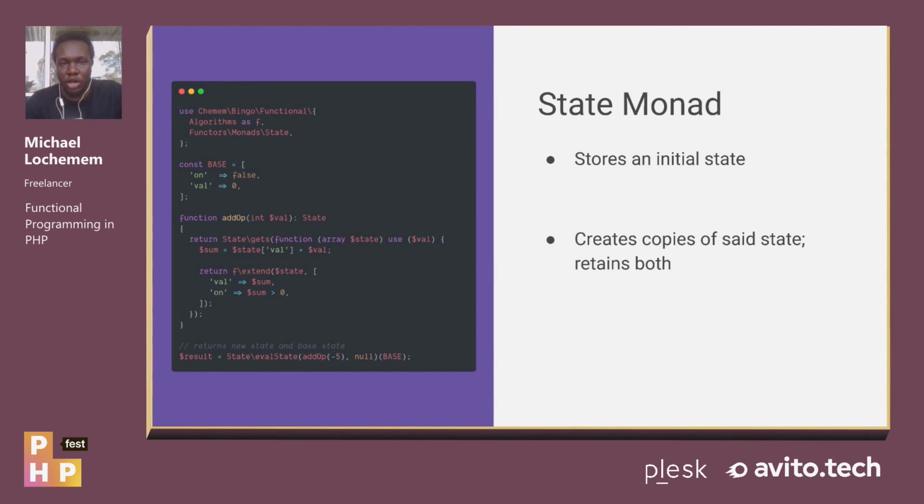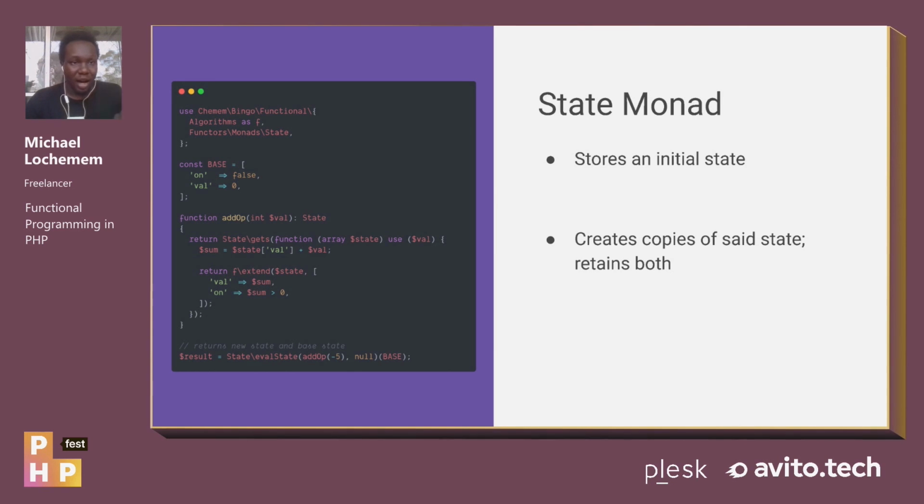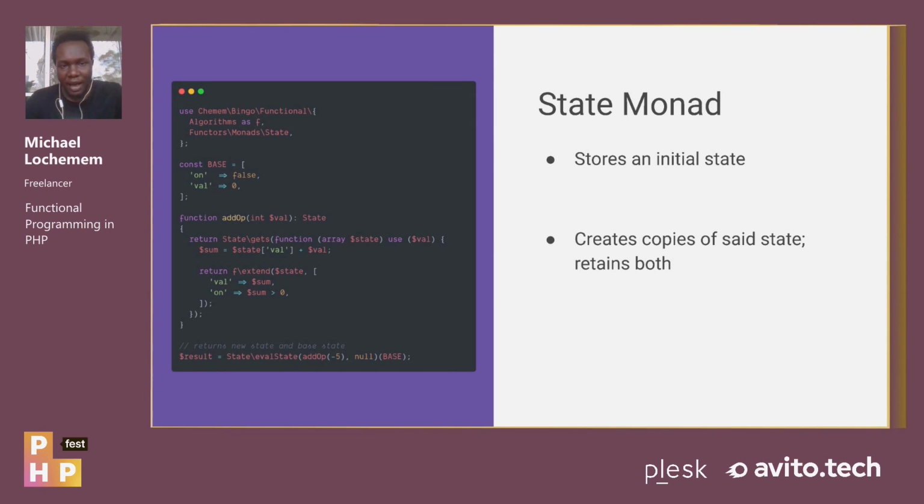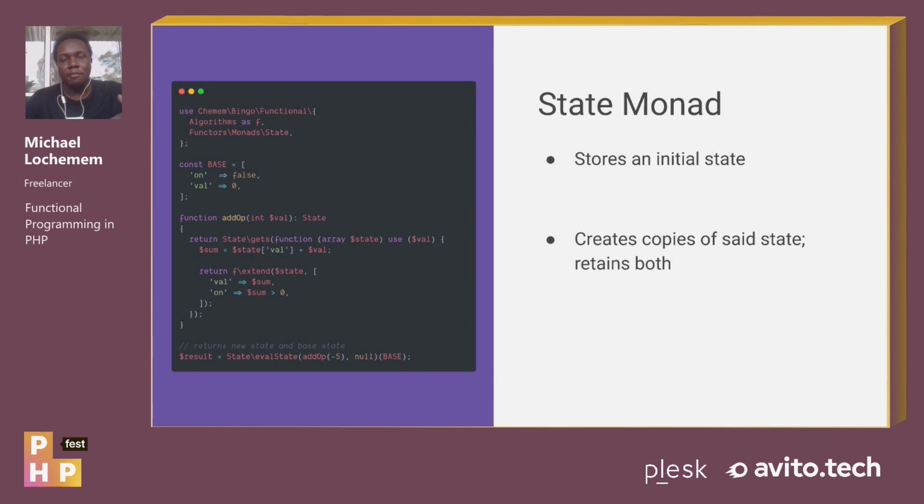And then you have a state monad, which is great for allowing you to perform operations on an initial state and retain both the transformation, basically the mutated copy of the initial state, and the said state. So I have in this case on and val. Every time I specify a value to the add operation, right, I change the state.